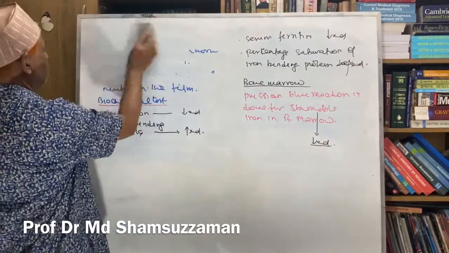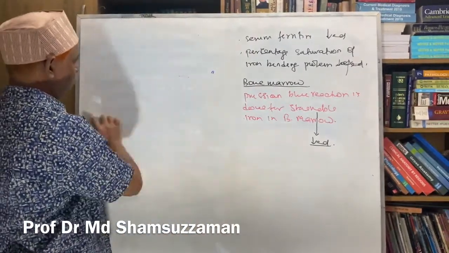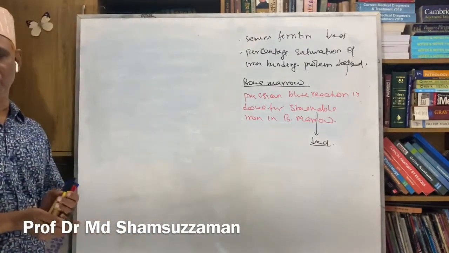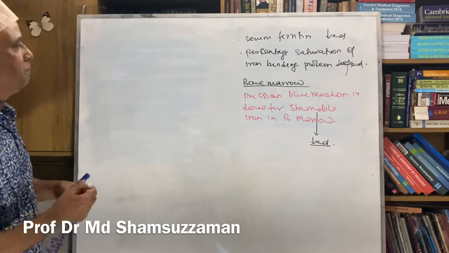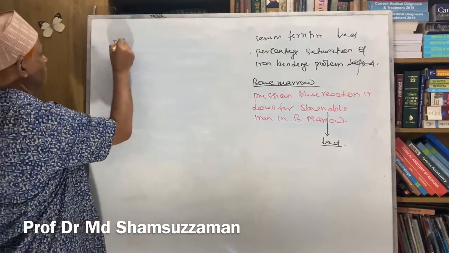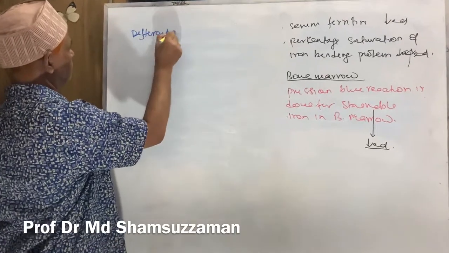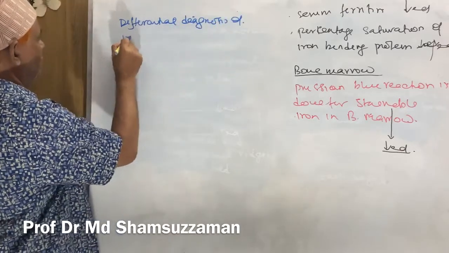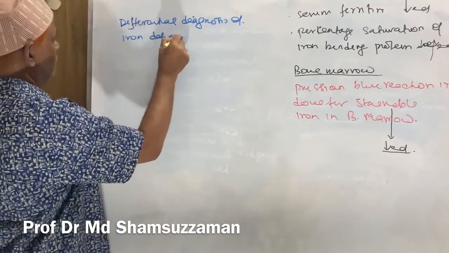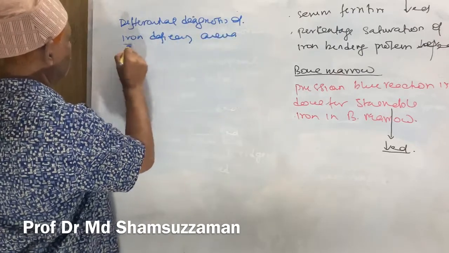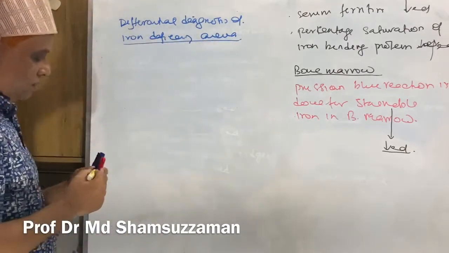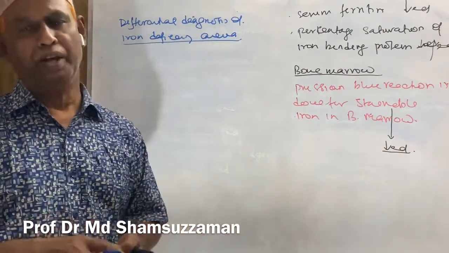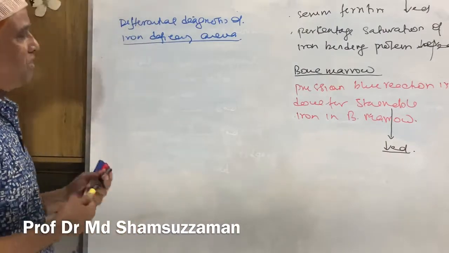Dear audience, I have told you it is one of the microcytic hypochromic anemias. So what is the differential diagnosis of iron deficiency anemia? The conditions or anemias where we will get microcytic hypochromic anemia are the differential diagnosis of iron deficiency anemia.